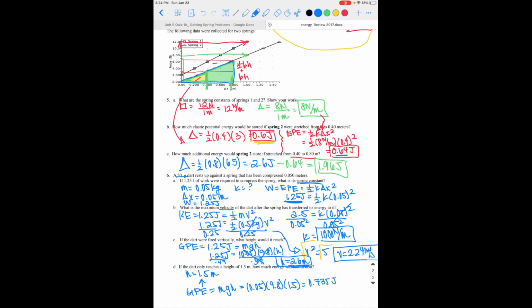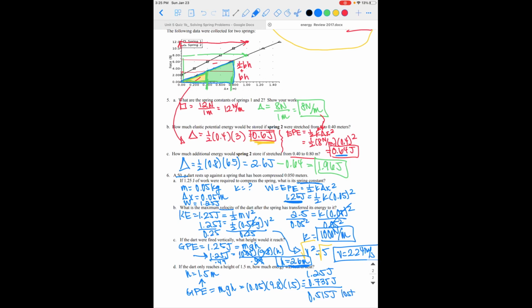And then all you have to do is subtract it from the energy that it started off with, which is going to be the 1.25. So I'm going to subtract this from the 1.25 joules that we originally had, and that gives me 0.515 joules lost.